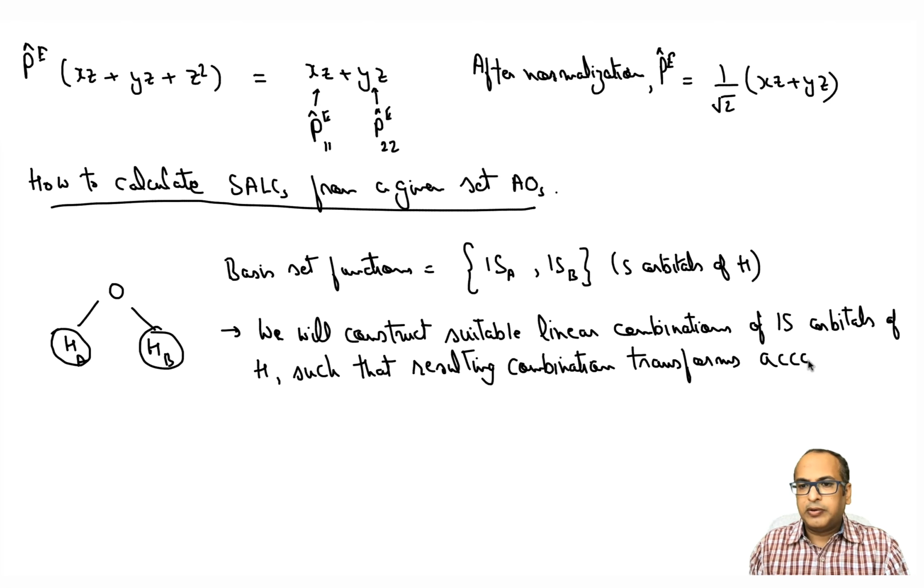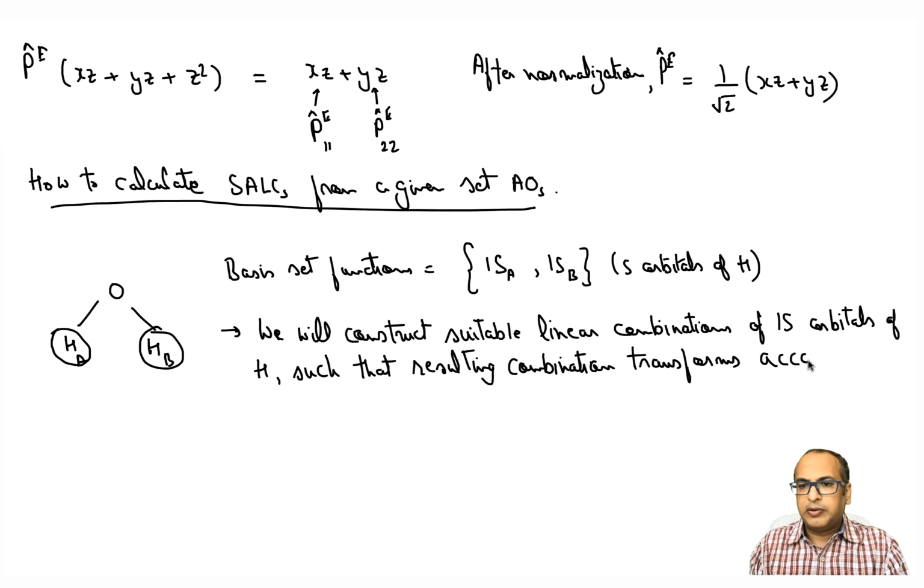Okay. So first, with 1sA and 1sB, we have to create a reducible representation under C2V.